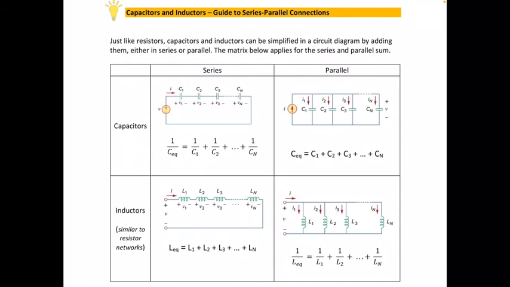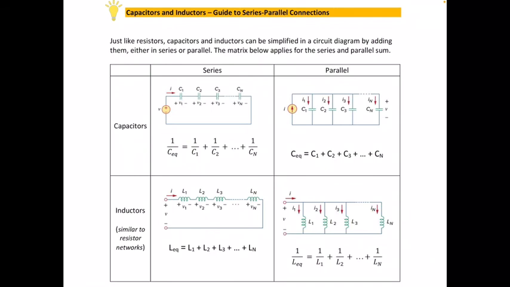So LEQ is equal to L1 plus L2 and so on, as many inductors in series. And inductors connected in parallel will have the parallel sum, similar to resistors. So we have 1 over LEQ is equal to 1 over L1 plus 1 over L2, and so on and so forth.